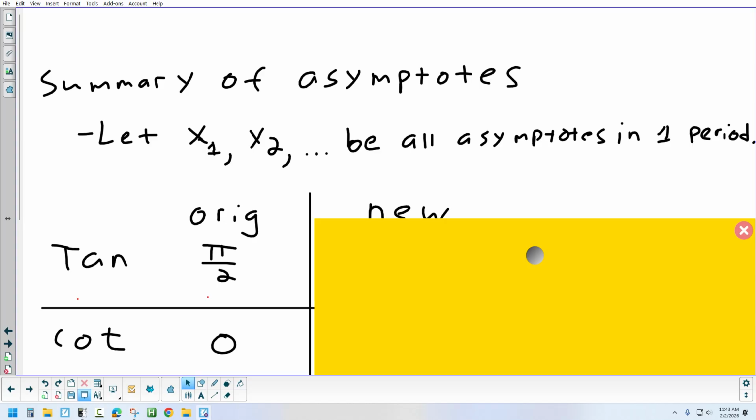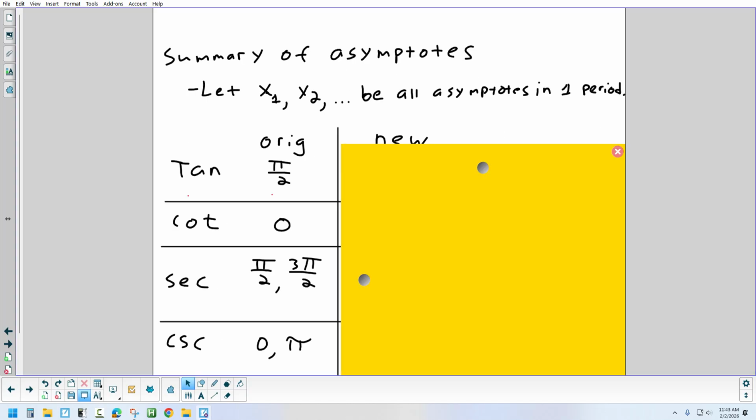So what we want to do is summarize all the asymptotes we just said. And that is a summary. On the left, tangent and cotangent have 1 asymptote per cycle. Secant and cosecant have 2. This is the first asymptote you hit in tangent. This is the first one you hit in cotangent that are non-negative.